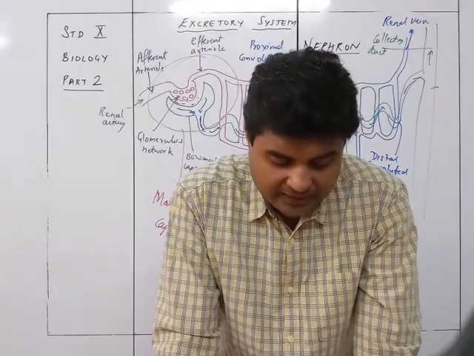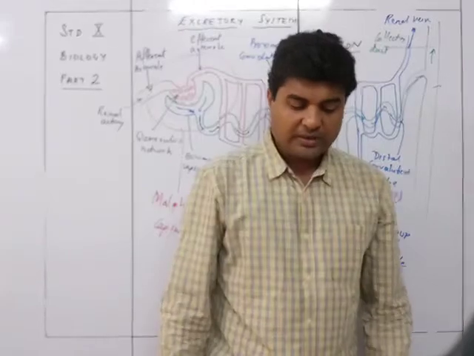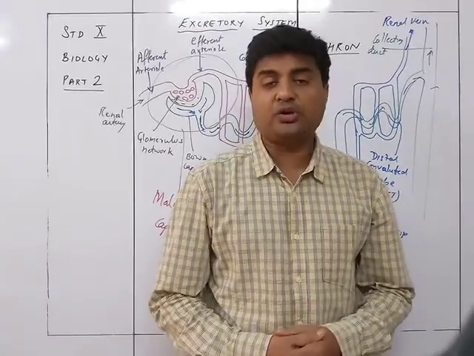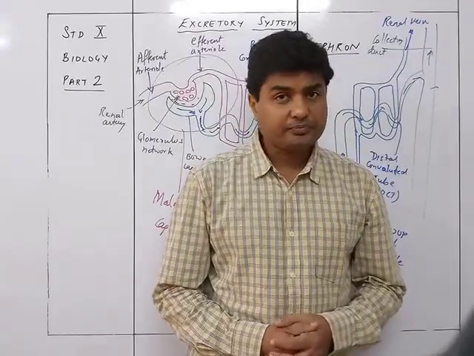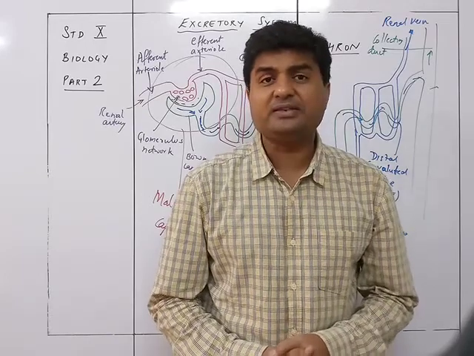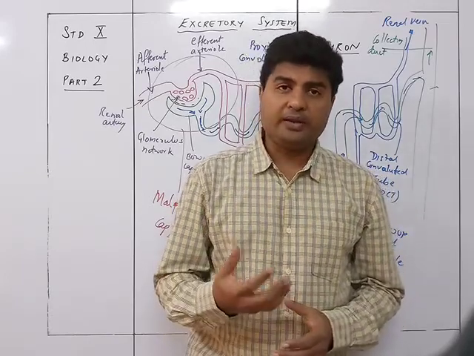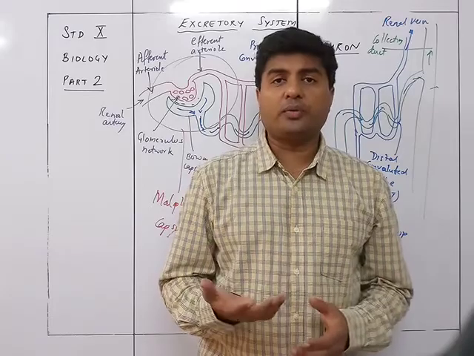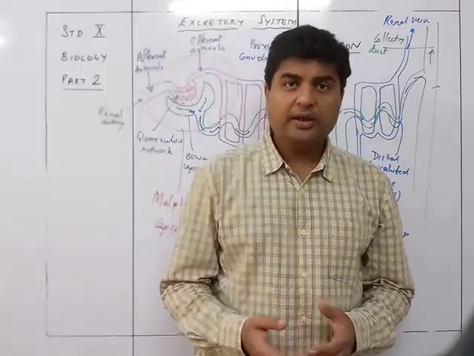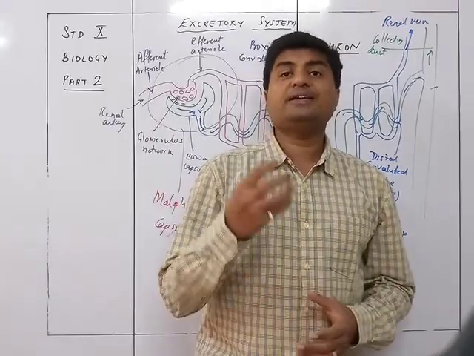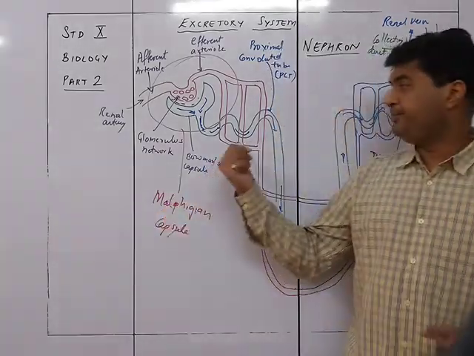In case the ADH secretion is reduced, there is an increased production of urine. If the ADH is not produced properly, then most of the water from the body is going to be lost in the form of urine, because there is no proper reabsorption.